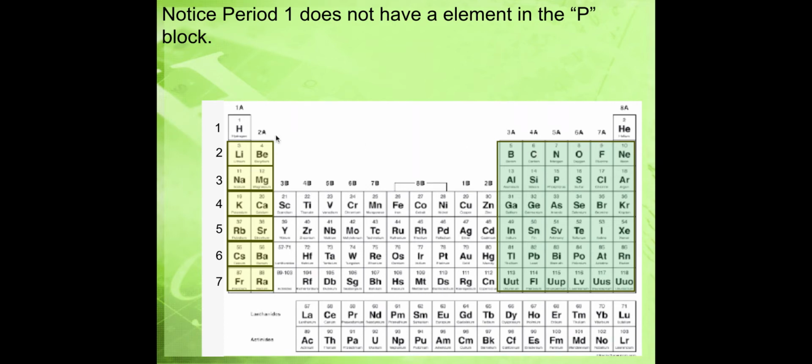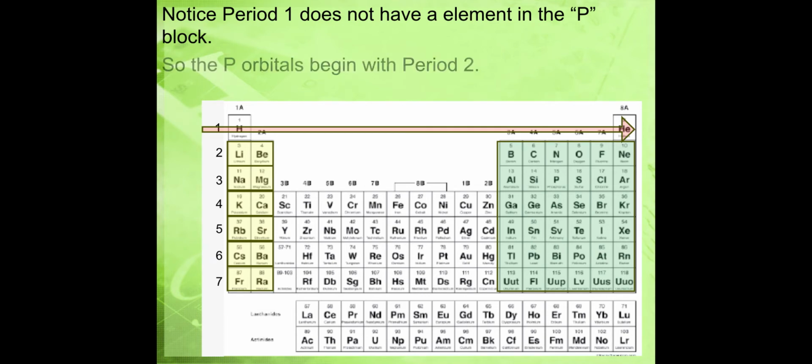So if we are writing the electronic configuration of hydrogen and helium, we will not find the p block in that electronic configuration. So there's no p block in period number 1. It begins in period 2 right there.